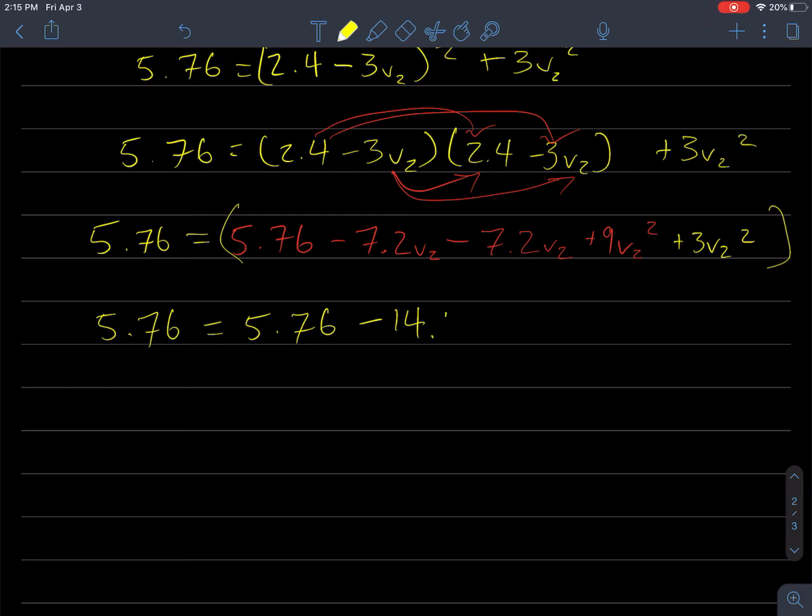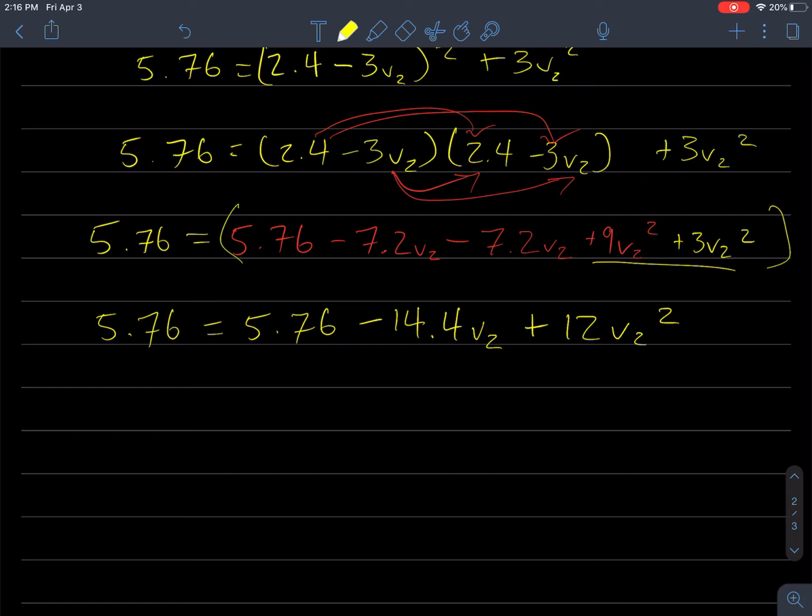Missing a decimal point. Okay, and then these two both kind of have the same variable, right? Both have v2 squared, so we can add those together. We get 12 v2 squared.